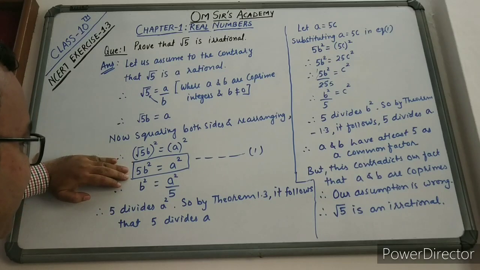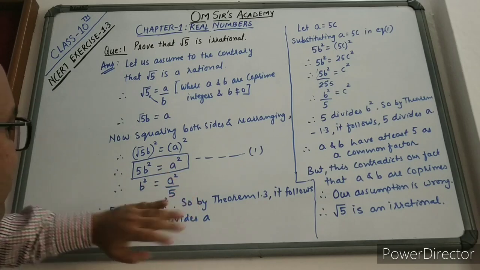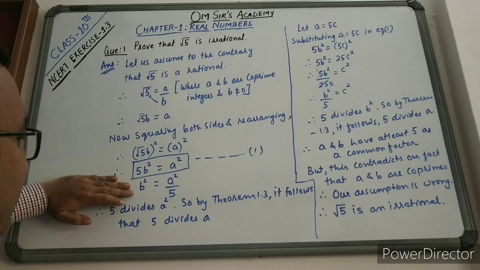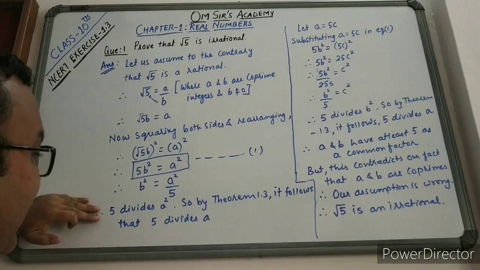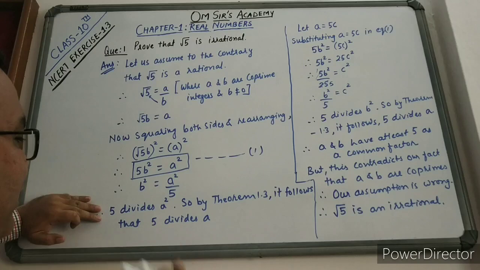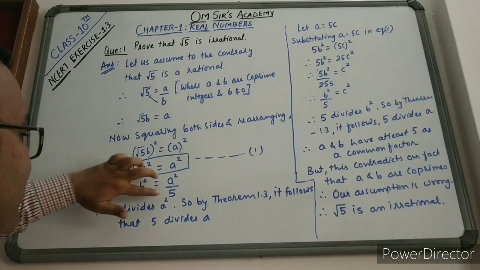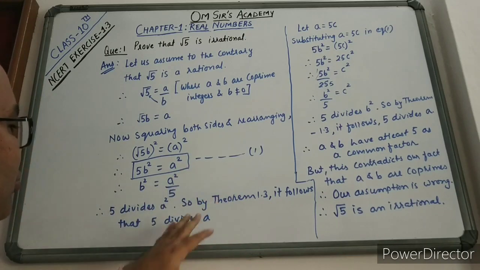So it is 5b square equals to a square. So this 5 I am taking to the next side, it will be b square equals to a square divided by 5. So therefore 5 divides a square. So by theorem 1.3 it follows that 5 divides a. ठीक है, 5 a square को डिवाइड कर रहा है तो theorem 1.3 ये भी कहता है कि 5 a को भी डिवाइड करेगा.